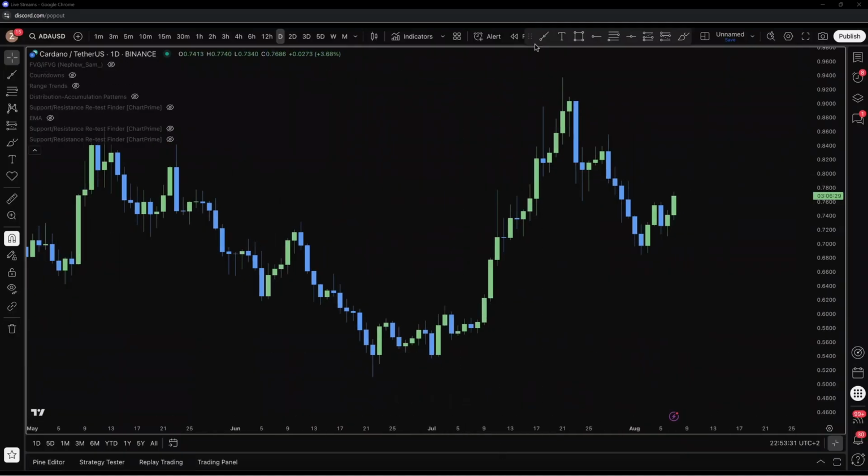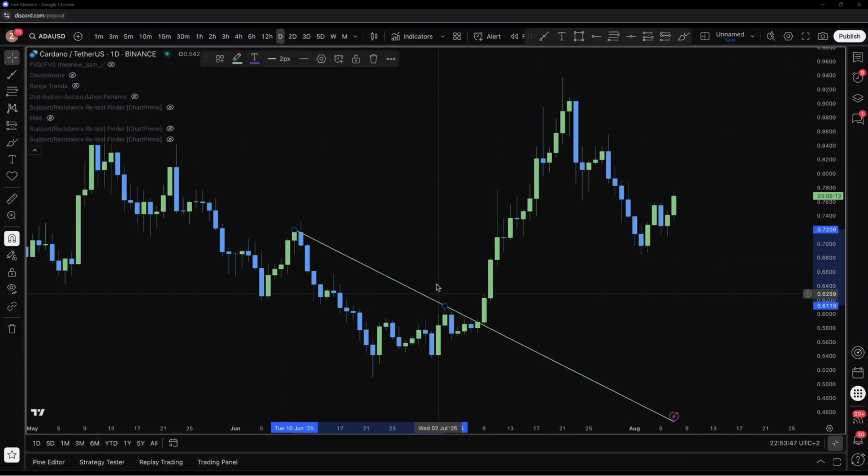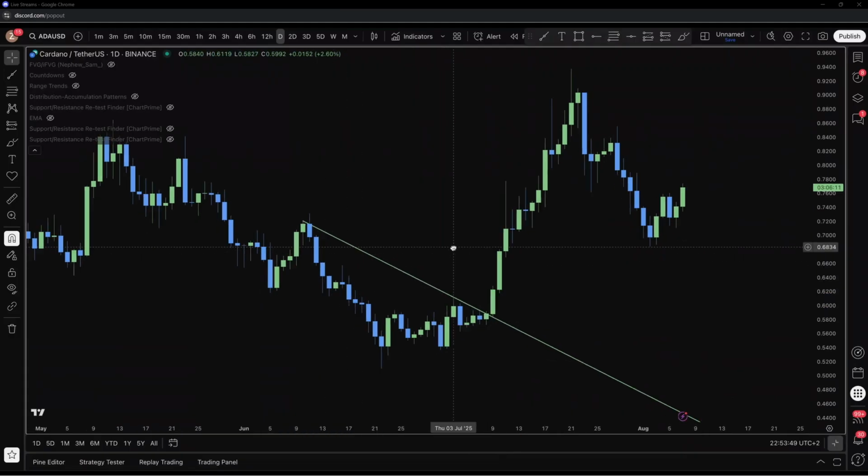One thing Sin always says is that you're looking for 5 arrays of the trend before you change direction. So we have 1, 2, 3, 4, 5. So here we have 5 arrays of the trend, and then we're moving from distribution to accumulation here.